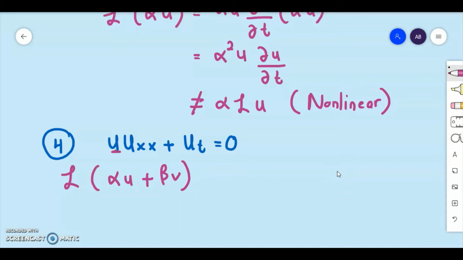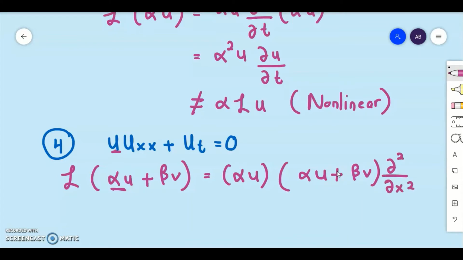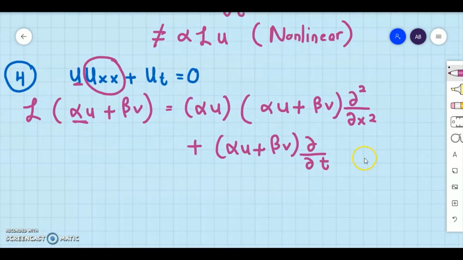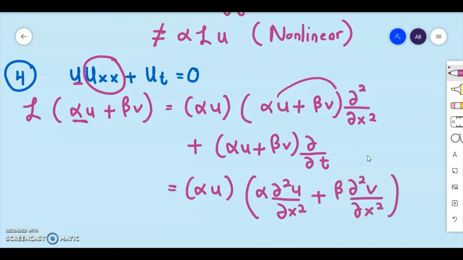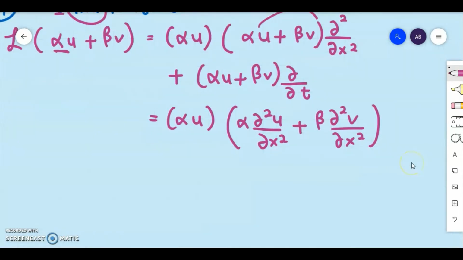But my U term here involves my alpha U. So I have alpha U plus beta V for partial squared over partial x squared for this term, and then plus alpha U plus beta V partial over partial T. Okay, so now when you expand this term, I have alpha partial squared U over partial x squared plus beta partial squared V over partial x squared, and then plus alpha partial U over partial T plus beta partial V over partial T.